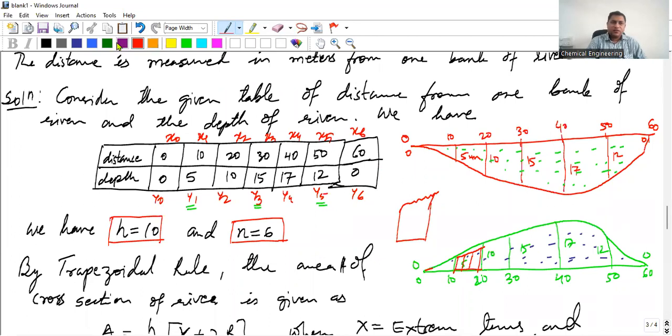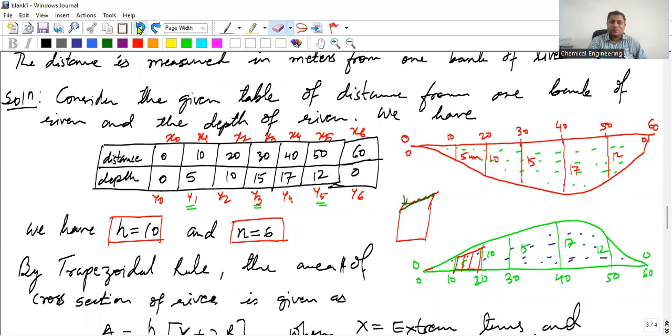When we try to approximate this by using a trapezium, you can see some area we have missed, and here you can see some area we have calculated more. So that's why our value by using all these 3 different rules will be an approximate value. So we can claim that the value calculated by Simpson's 3/8 rule will be more accurate.